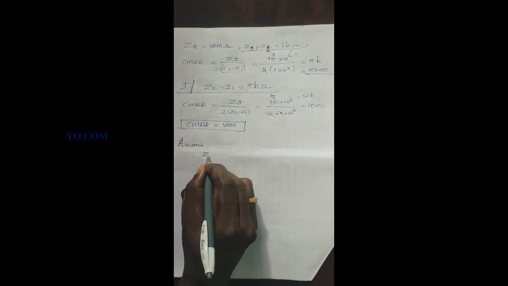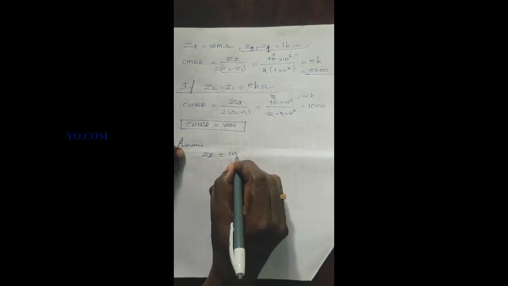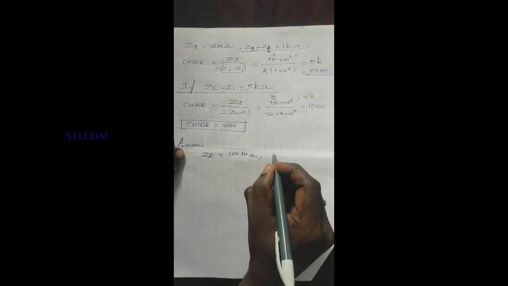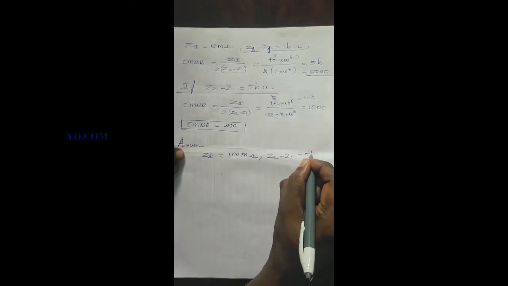Zi, the input impedance Zi equal to 100 mega ohm, Z2 minus Z1 equal to 5 kilo ohm.